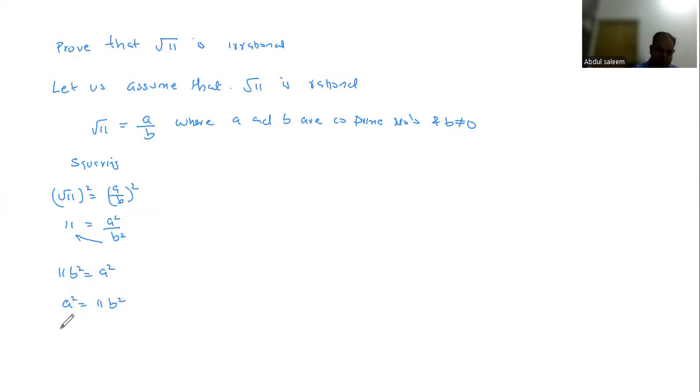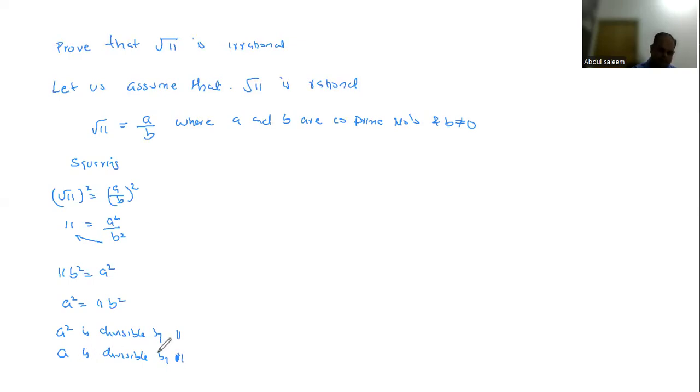That means a square is divisible by 11. Okay. If a square is divisible by 11, definitely we can say a is divisible by 11 by the fundamental theorem of arithmetic. Okay, right? By the fundamental theorem of arithmetic, if a square is divisible by 11, a is also divisible by 11.